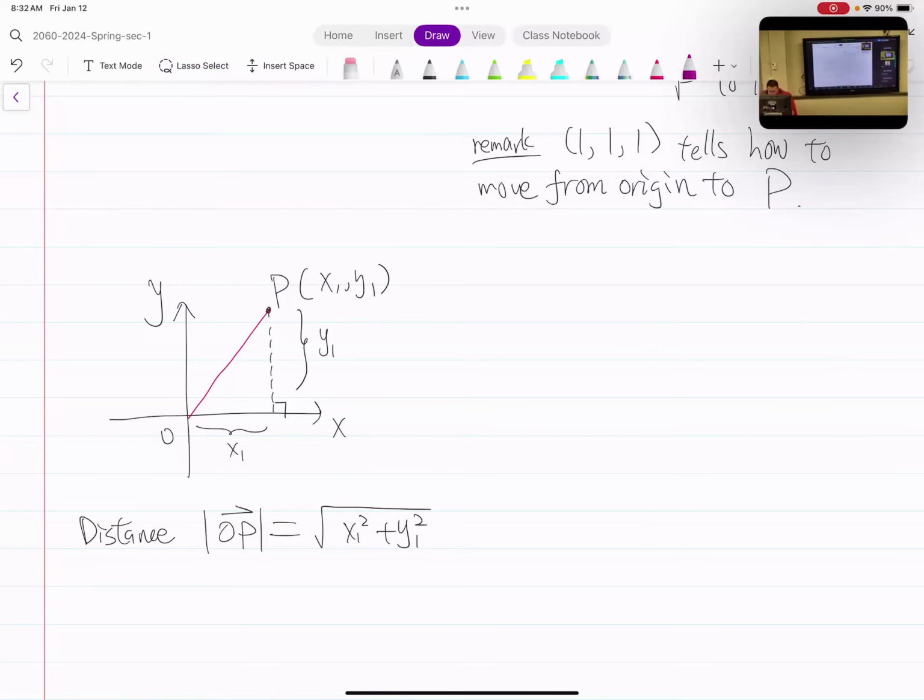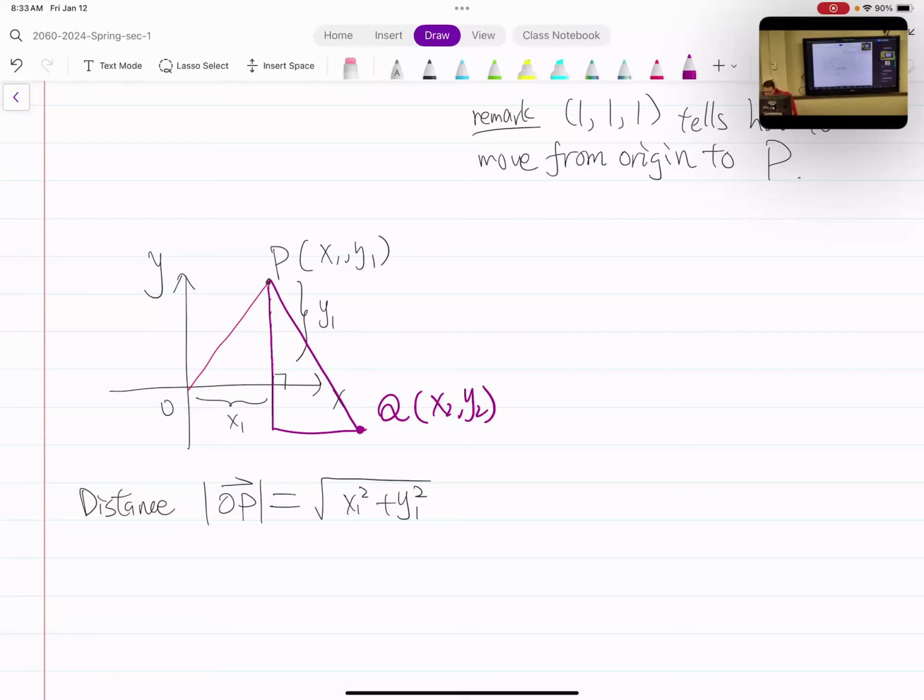So now, this is the situation where you have only 1 point, right? So let's say you have another point Q, right here. And let's assume that its coordinates are x2, y2. Then if you want to calculate the distance from P to Q, right? You just need to form the correct right triangle again. So you can see, if this is the triangle, then the horizontal distance is going to be the difference between the x coordinates.